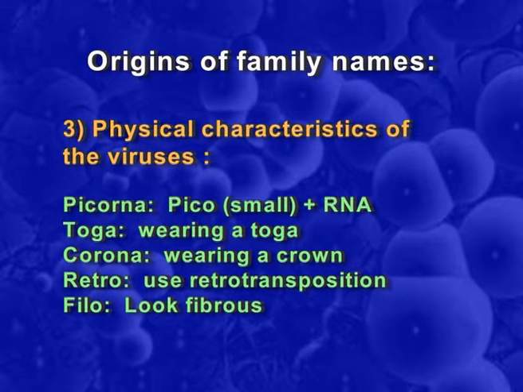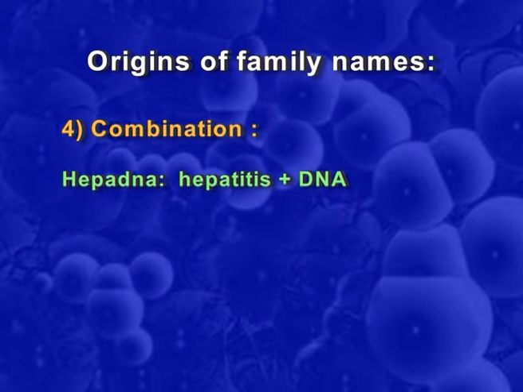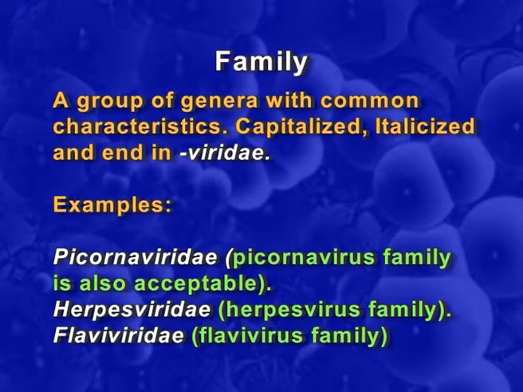Number 3 is the physical characteristics of the virus. And finally, the combination of all these 3 features. So, the selection of the family was done on the basis of all these 4 features. Next, we will see how they are named. The name should be written in capital letters, in italics, and the name should end with a suffix of viridae.